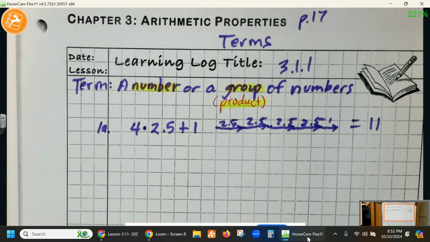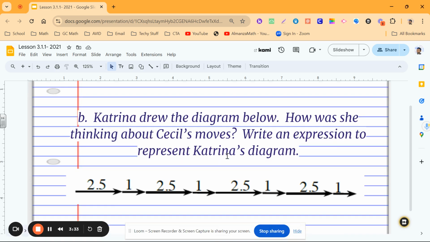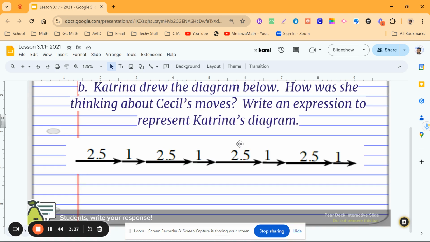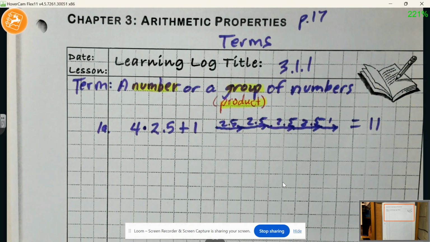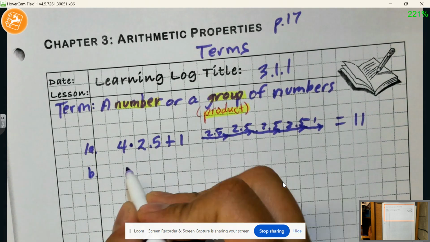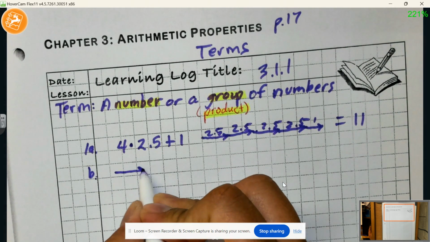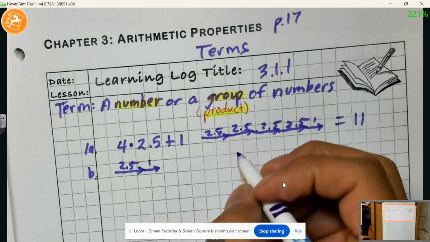Now the book poses a new problem. Here's another diagram that Cecil's doing. What would the expression be for this diagram? Let's think about it as we put this in our notes. So our first step is going to be this. Our next step is going to be 1.